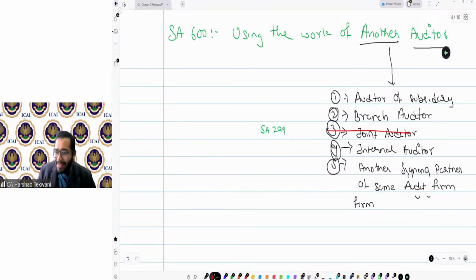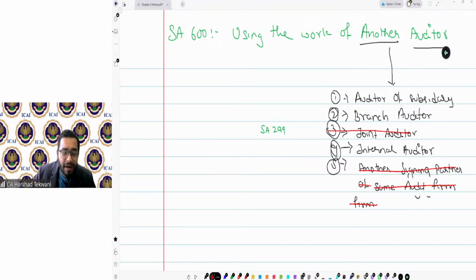And some of you are saying that another signing partner is not covered. Absolutely correct. This is also not covered because this is part of the same engagement team, audit firm. Now, the question is whether internal auditor is covered or not.